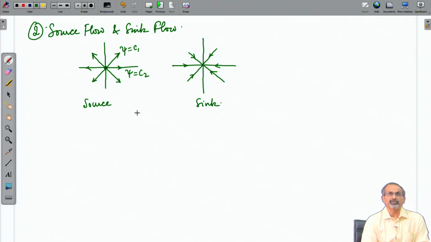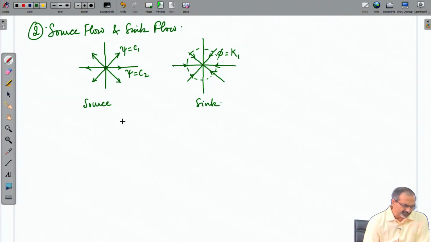Let us consider them to be incompressible. So, we have drawn some streamlines and some iso velocity potential lines and indicated them here.